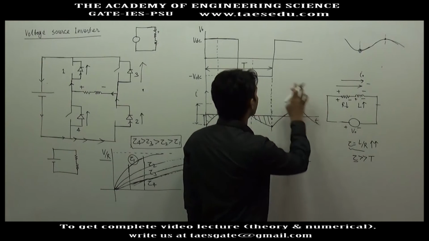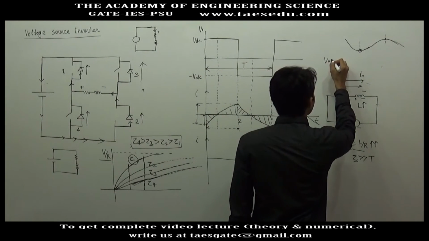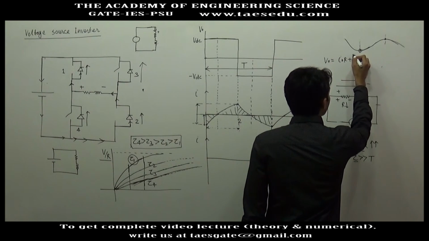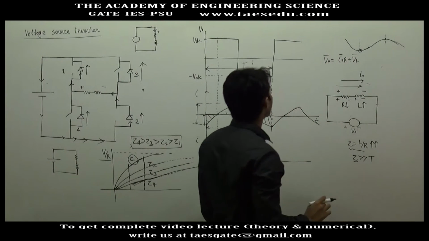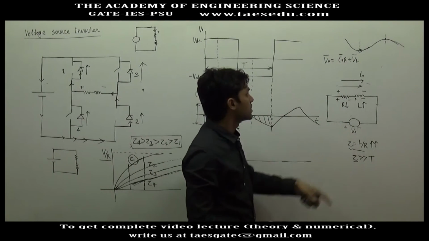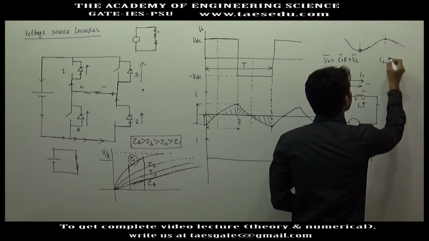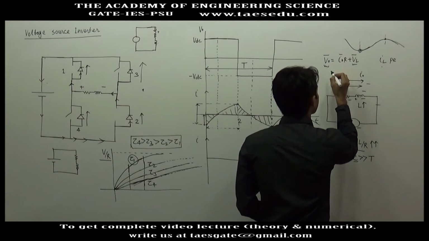The average output voltage is 0. If I again write the equation, V naught equals I naught R plus VL, you apply the average value. Source voltage is periodic, so inductor current will be periodic, so average inductor voltage will be 0, and average output voltage is 0.